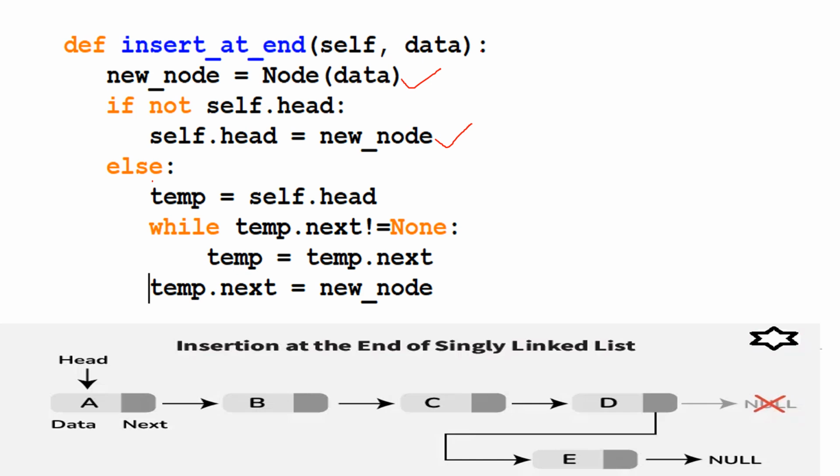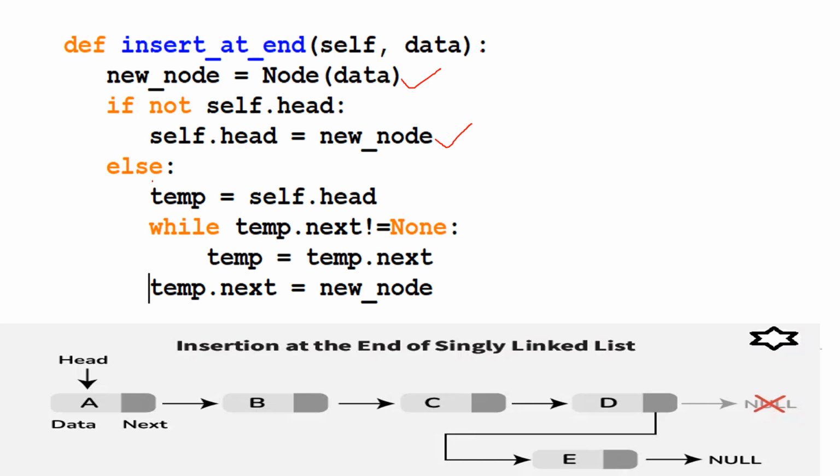A next is the address of B, B next is the address of C, C next is the address of D, and D next is null, because there is no element later. When the next element is null, we connect here.